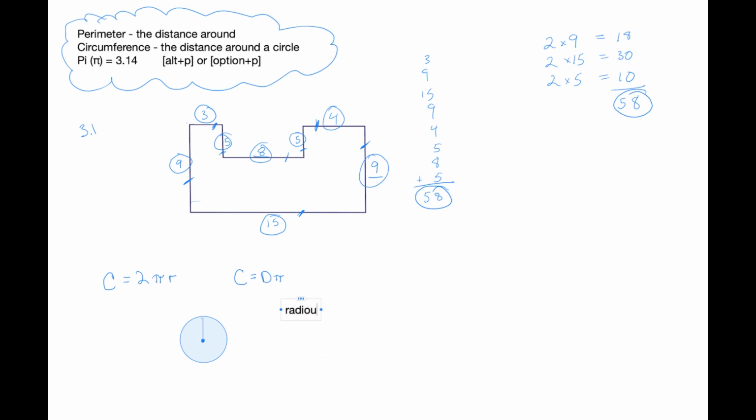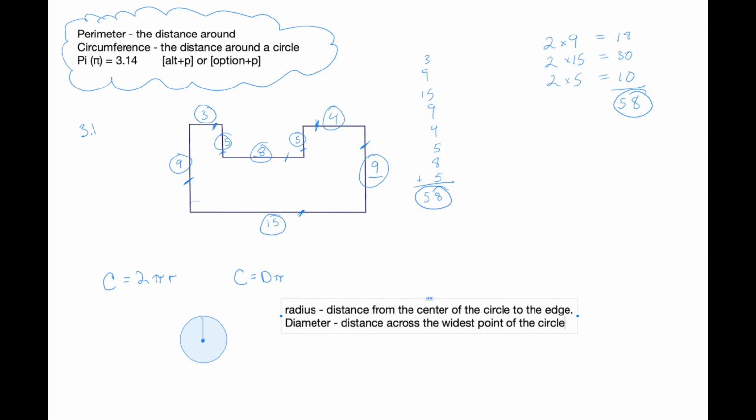The radius, if I can spell today, is the distance from the center of the circle to the edge. And the diameter is the distance across the widest point of the circle.